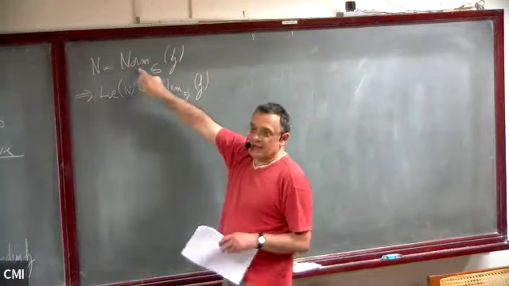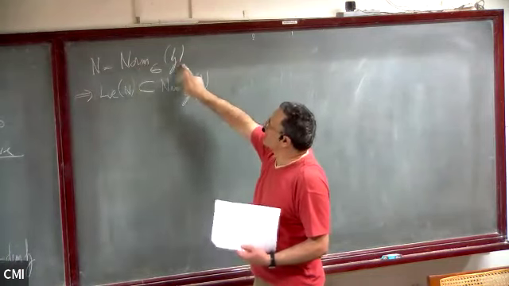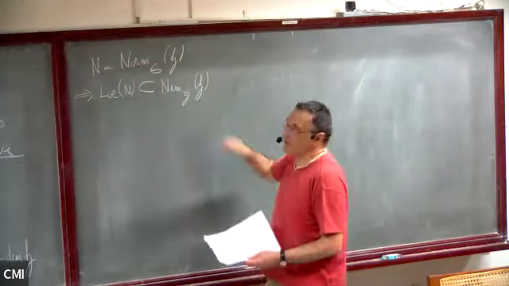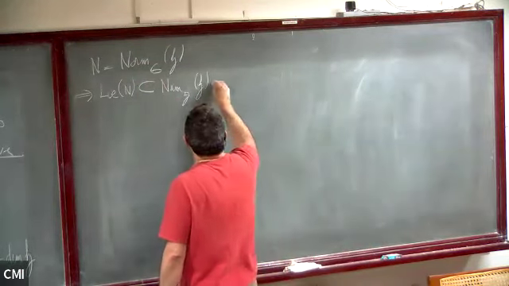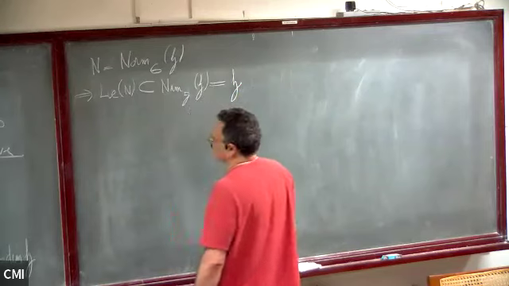If we take an element that normalizes H, then it normalizes the Lie algebra. But we knew that this is h itself.